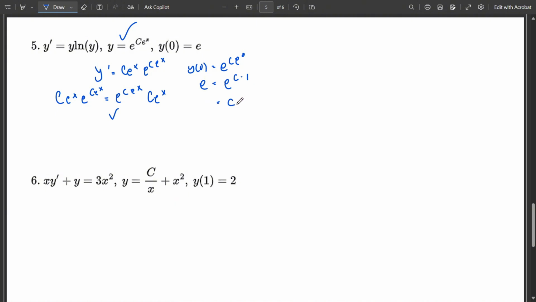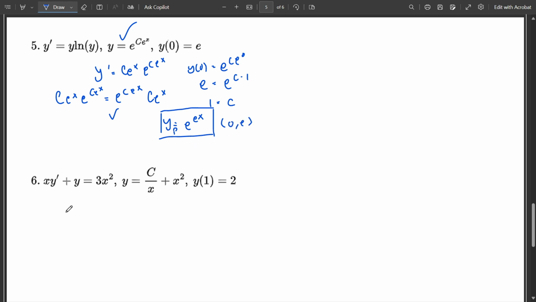We have c equals 1. Okay, so we can substitute it into the general solution. y equals e to the 1, e to the x. So this is the particular solution at the point 0 comma e.